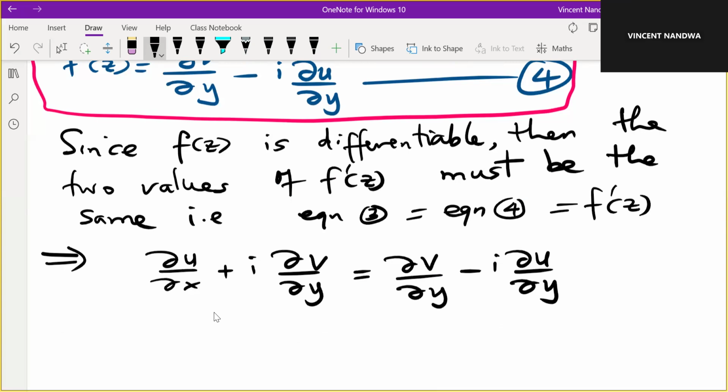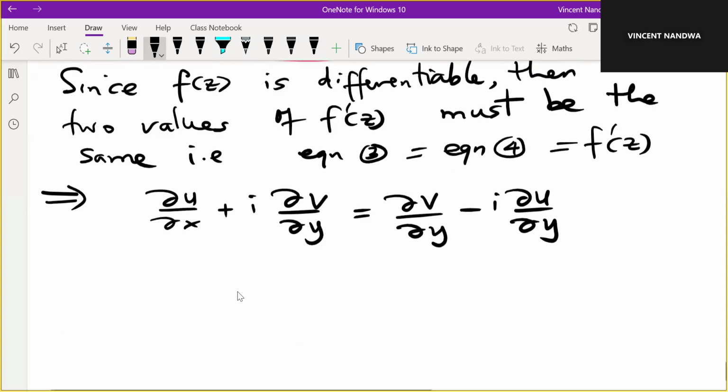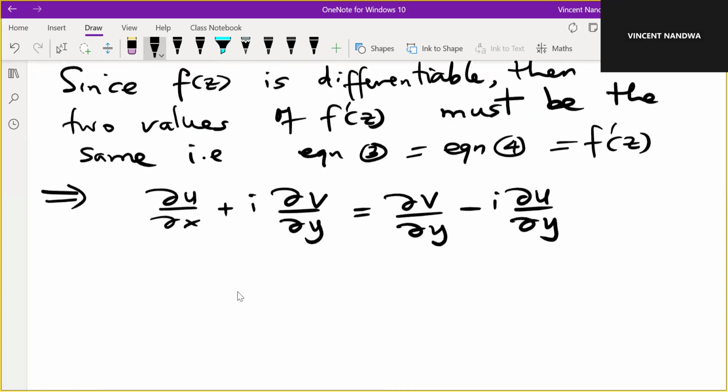For this equality to make sense, what must be the condition? It's like I'm asking you, if I have two complex numbers, a plus bi equals c plus di, what is the condition for this to be a true equality?